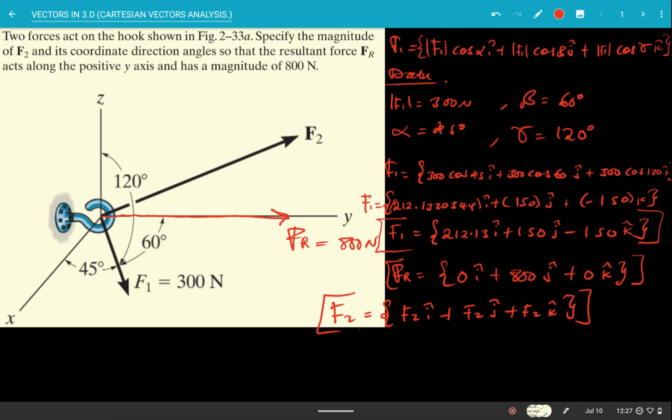Remember, we say the force resultant is equal to the sum of the components in the I plus the sum of the components in the J plus the sum of the components in the K. Now we're summing up the values in the I, J, and K for the components only, which is F1 and F2. So only this one and this one here.